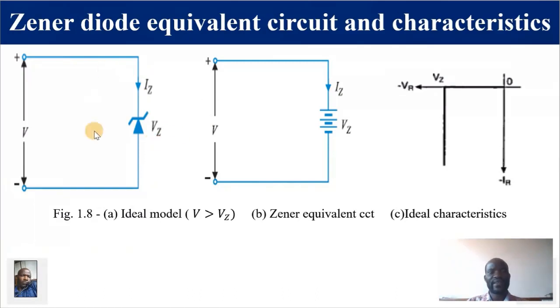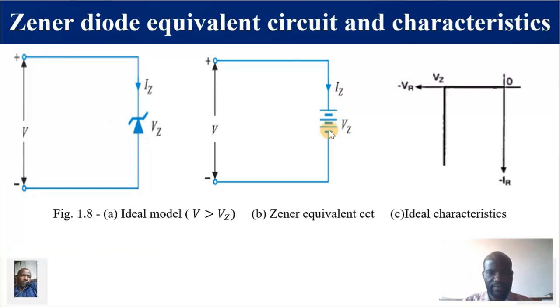We have Zener current and Zener voltage. We are simply going to represent this symbol by the Zener voltage, and everything remains the same. Zener current remains the same. We simply replace the symbol with the Zener voltage, and these are ideal characteristics.